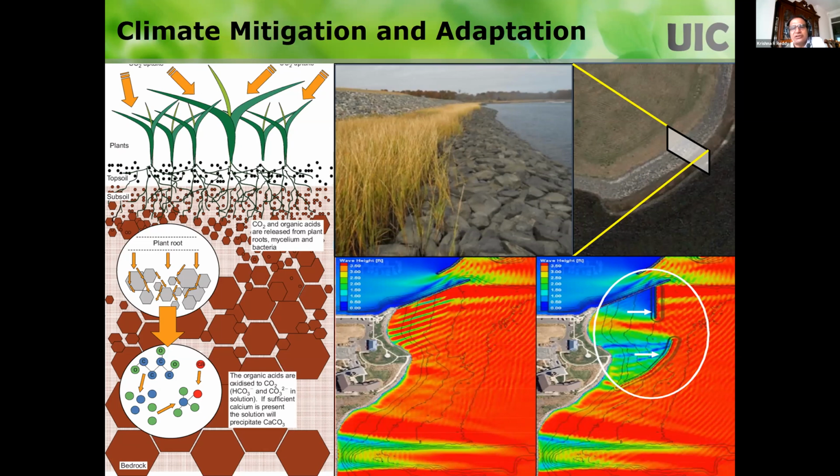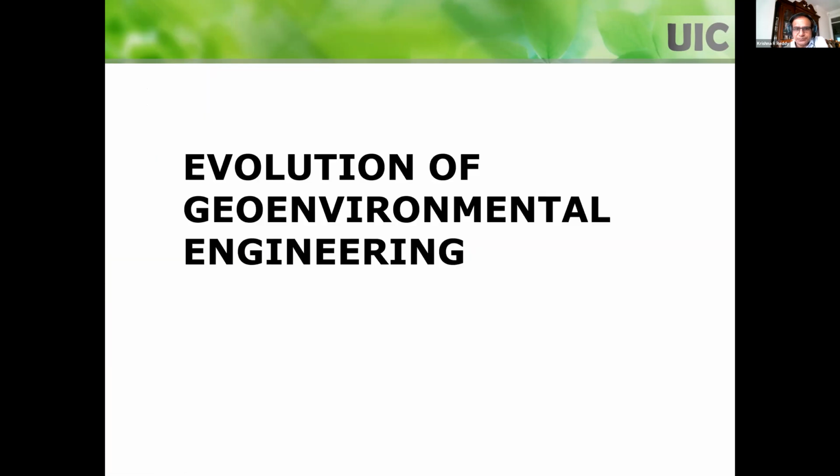That's one thing in the short term. But in the long run, we should be addressing removing the CO2 from the atmosphere. So what kind of carbon sequestration and underground storage systems can we think about? These are all geoenvironmental solutions.